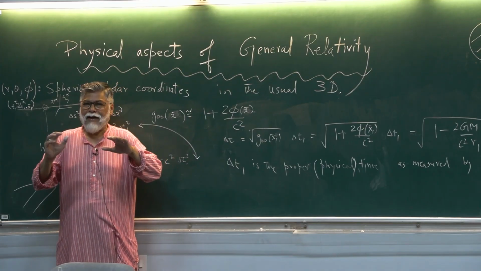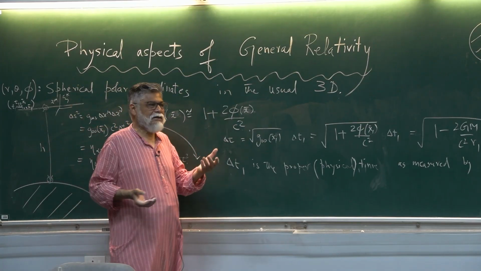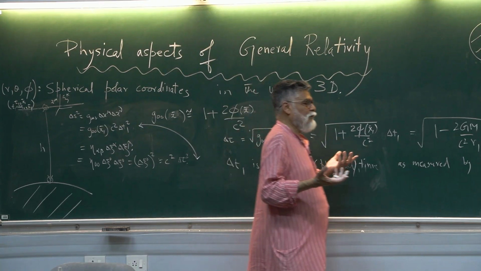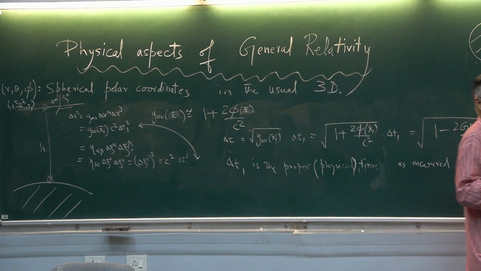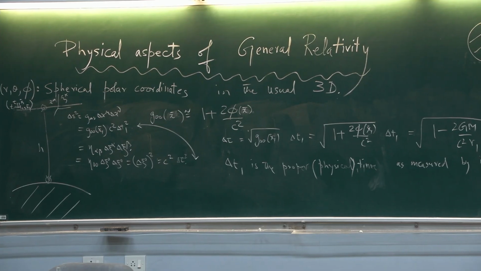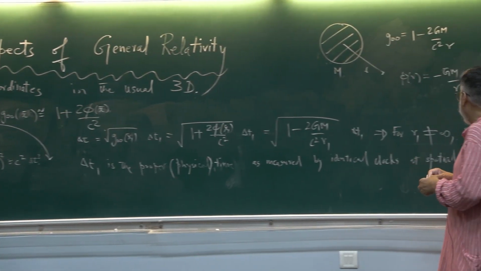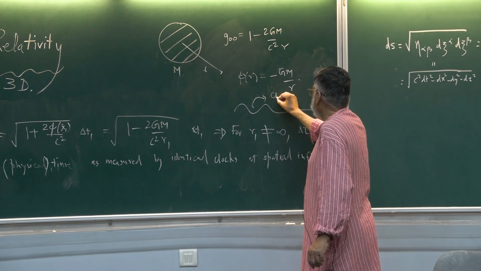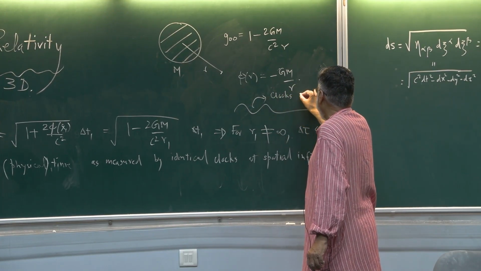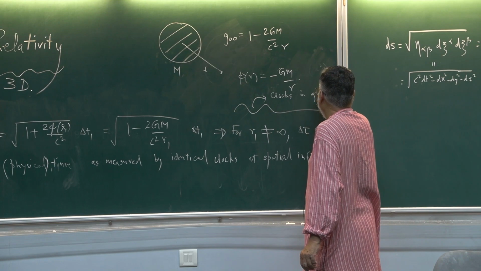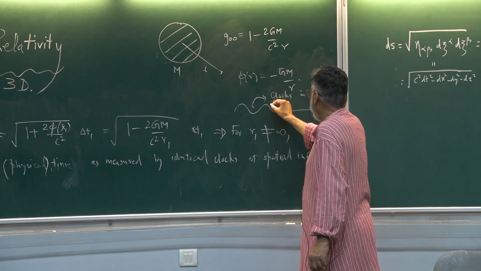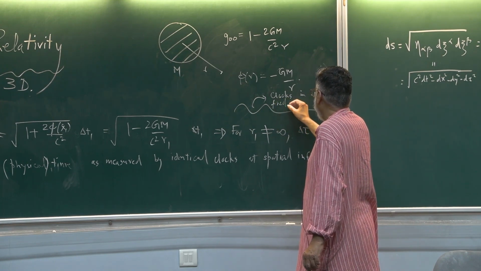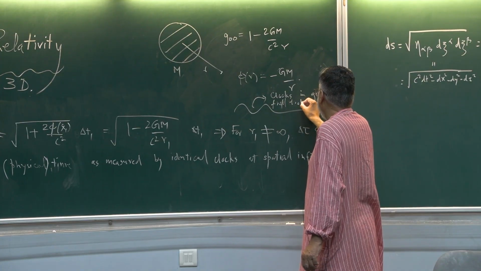So that's the reason why in textbooks you have the statement that clocks in a gravitational field tick at a slower rate. So this statement implies clocks in a gravitational field tick at a slower rate.